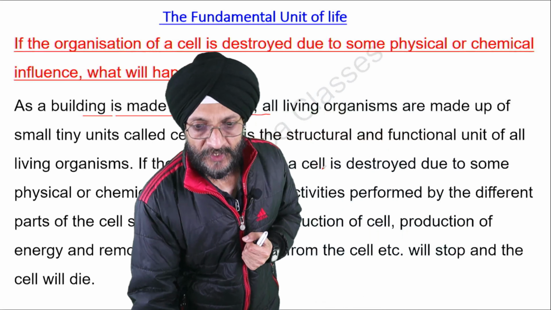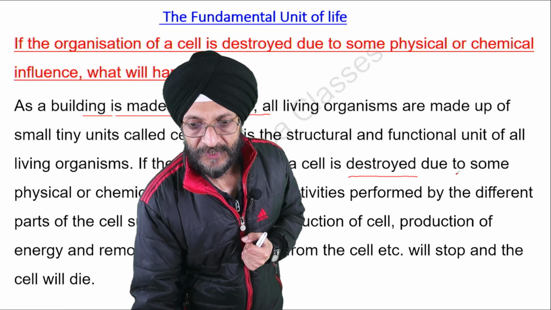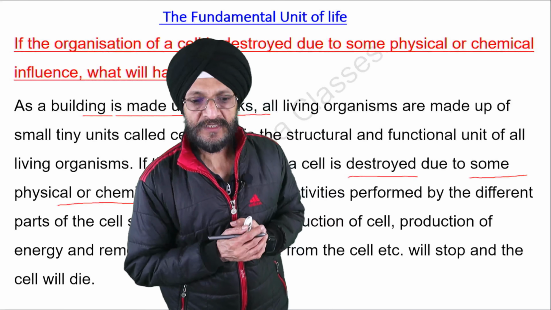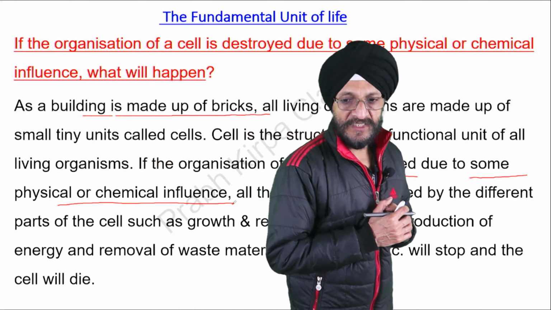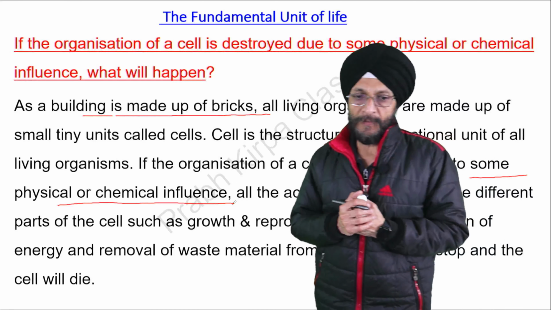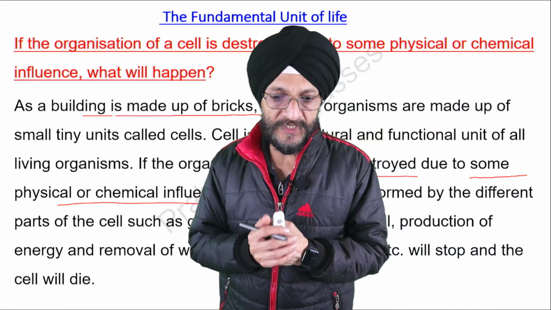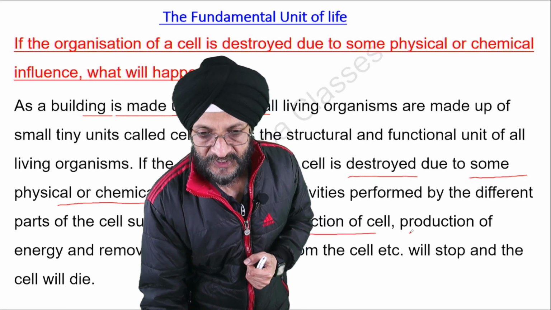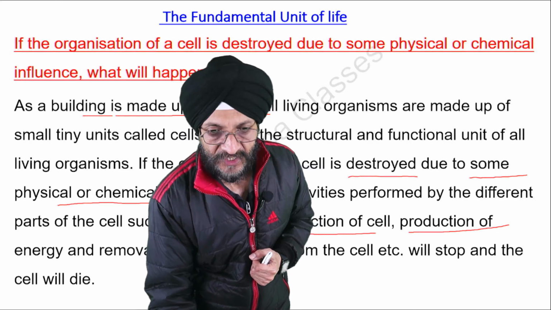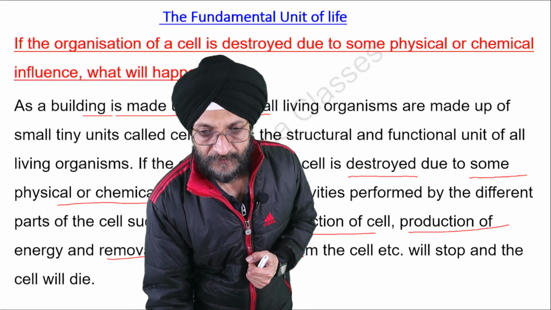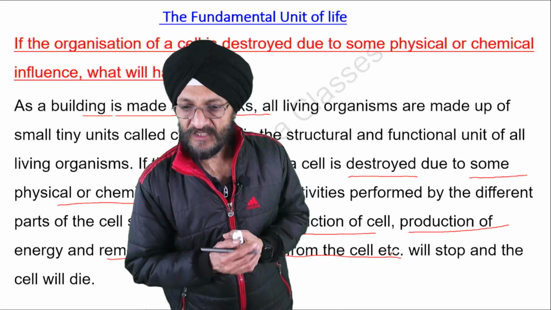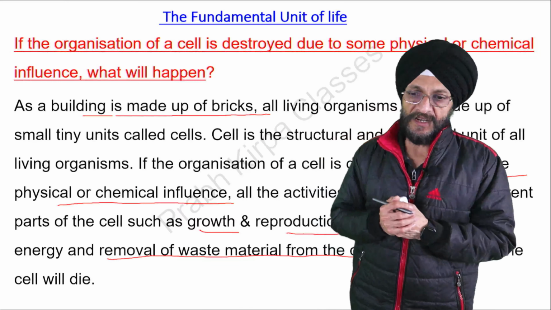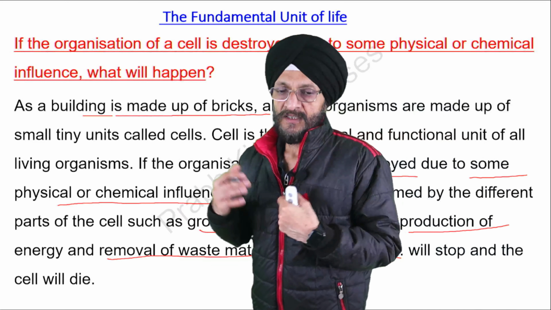If the organization of the cell is destroyed due to some physical or chemical influence, all the activities performed by different parts of the cell, such as growth, reproduction of the cell, production of energy, and removal of waste material from the cell, will stop, and the cell will die.